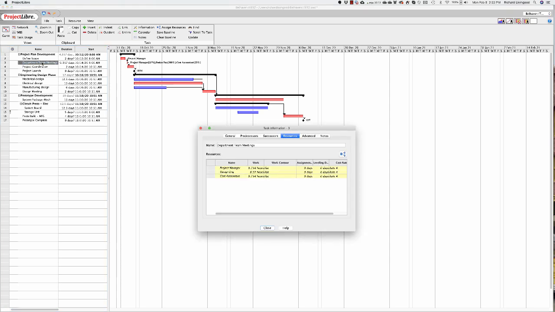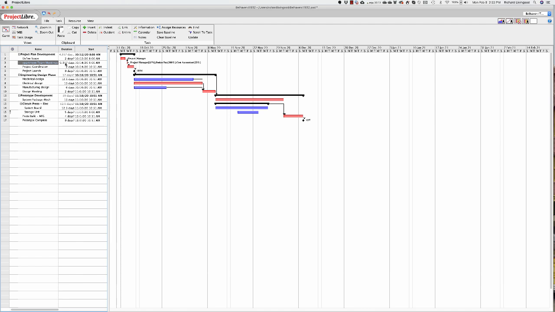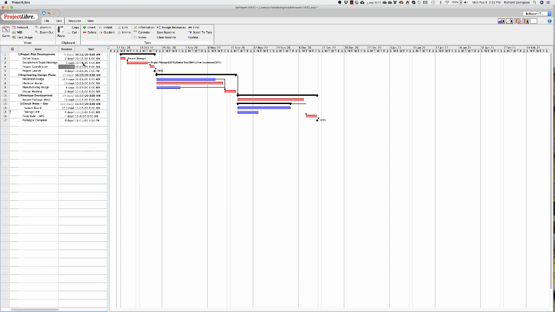What we have to do here is go in and say, you know what? It's not effort driven, fixed units, and let's go to 5 days and say, okay, it's going to take 5 days to do this. Oops, days, there we go. There we go, and invalid because I'm doing something a little different here.